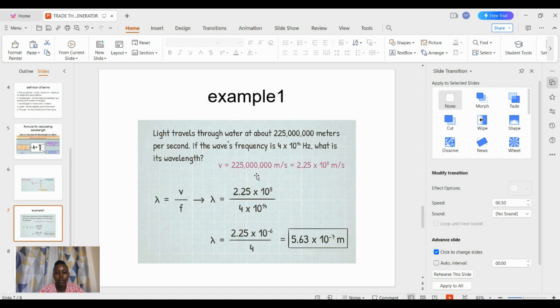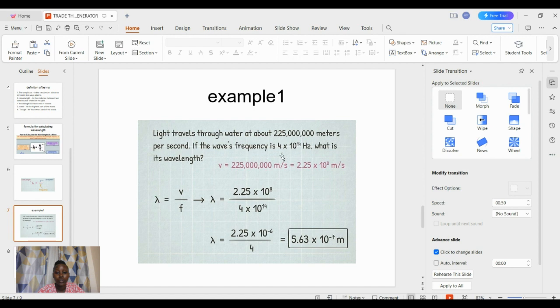We can simplify this using a power of 10, that is 2.25 multiplied by 10 raised to power 8 meters per second. That is our wave speed or velocity.